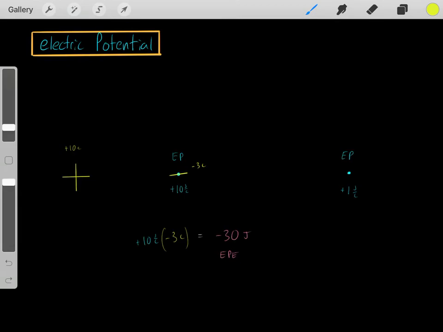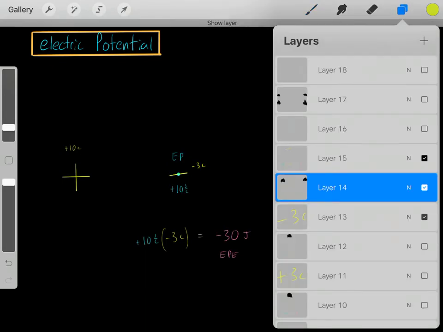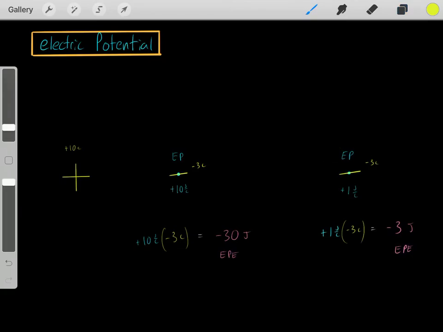However, what would happen again if we threw instead the negative 3 coulomb charge here? Well, we know we would have a system with energy. How much energy? Well, if we throw in a negative 3 coulomb charge in a region of this particular electric potential, now this system would have negative 3 joules of energy in the form of electric potential energy. So we know what happens if we have a positive charged particle and a negative charged particle.